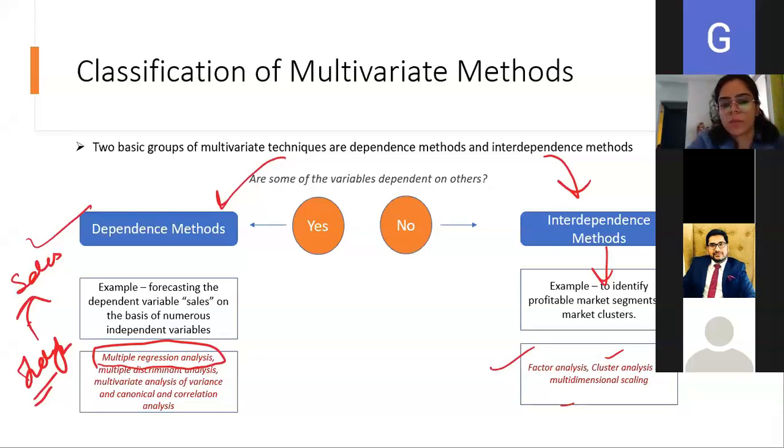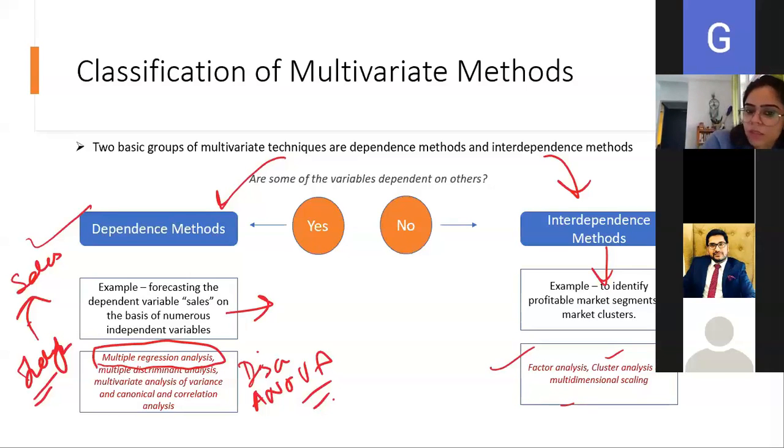Whereas your multiple regression, discriminant analysis, ANOVA, all these have some dependent variable. In certain techniques there is more than one dependent variable, but in multiple regression there is only one dependent variable. How many dependent variables are there in multiple regression? Just one.